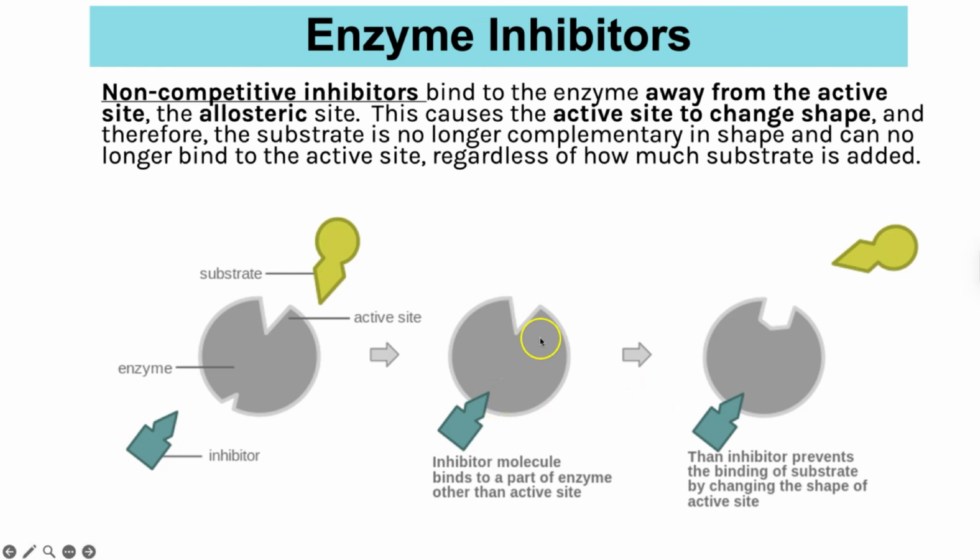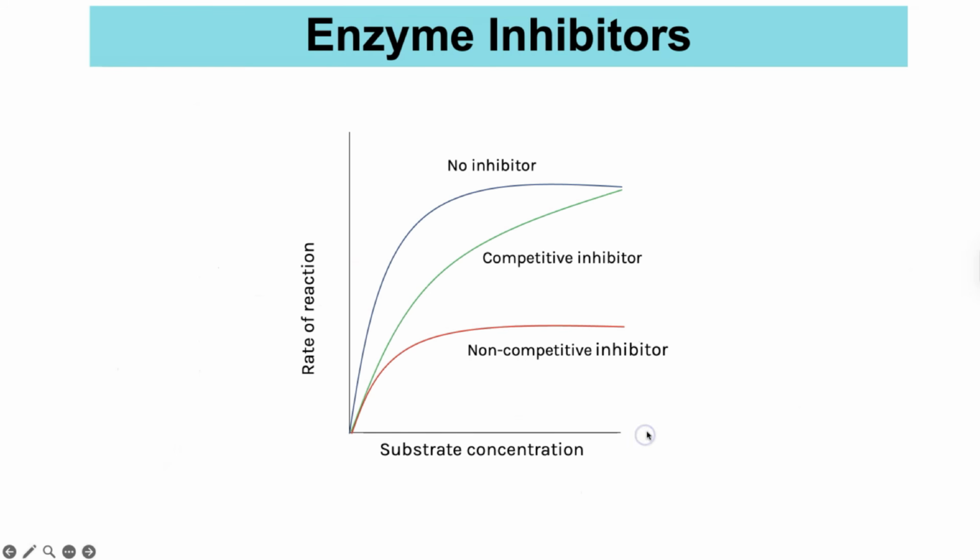And because we've slightly changed the tertiary structure, meaning that unique 3D shape, the active site changes shape, and therefore the substrate is no longer complementary and it cannot bind. So you still have this enzyme inhibitor complex, and you cannot form enzyme substrate complexes. And no matter how much extra substrate you add, that isn't going to reverse this. So this can be demonstrated with this graph here.